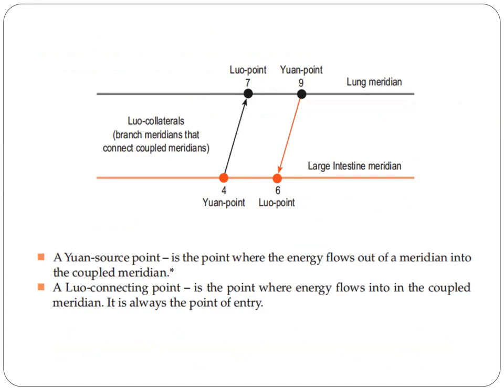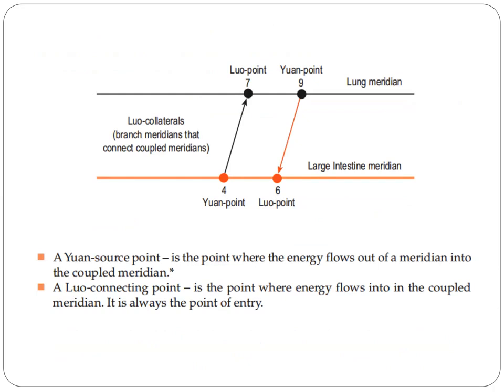So let's define some points. A yuan source point is the point where the energy flows out of a meridian into the coupled meridian. So example is the lung channel. If there is a point in the lung channel, this is called the yuan source point, if it will flow out of the lung channel into its coupled channel, which is called the large intestine channel.